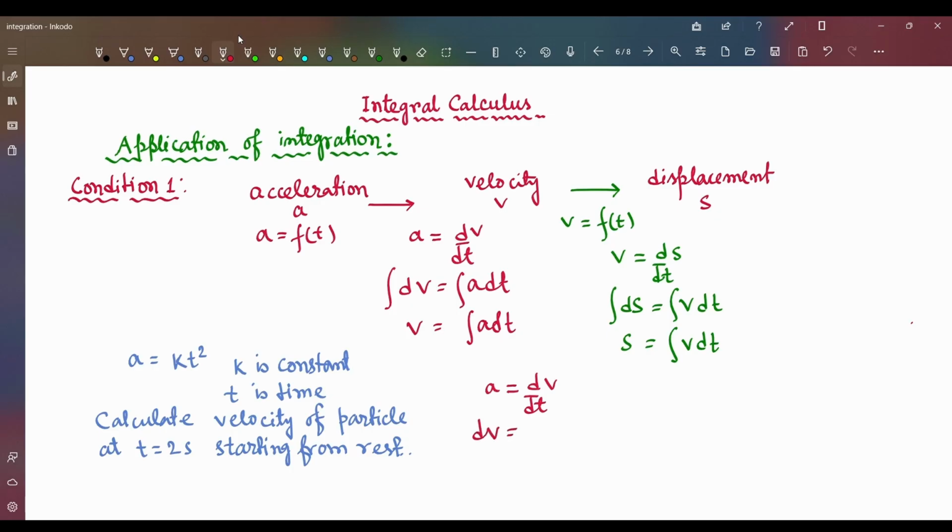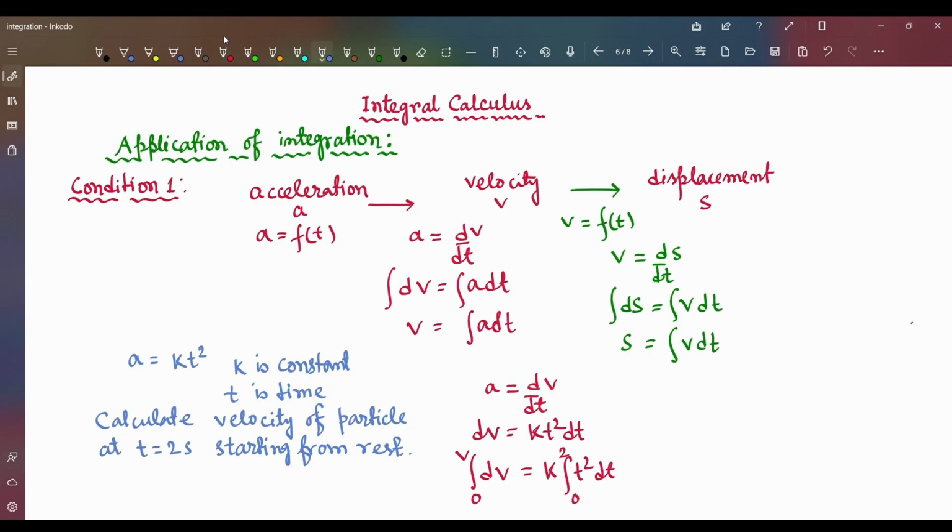Therefore dv is k t square dt. Now integrating both sides of the equation, that is integration dv, as k is constant, we can write k integration t square dt. Putting the limits here, at t is equal to 0 the particle is at rest, so velocity is 0, and at 2 seconds, t is equal to 2, velocity is v.